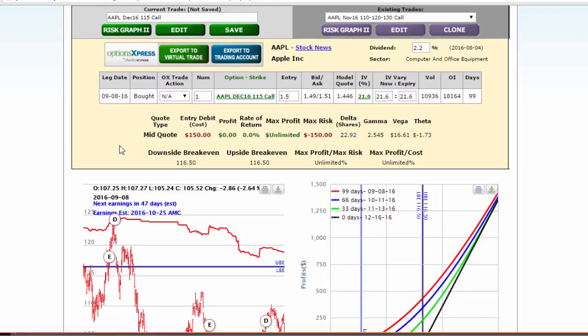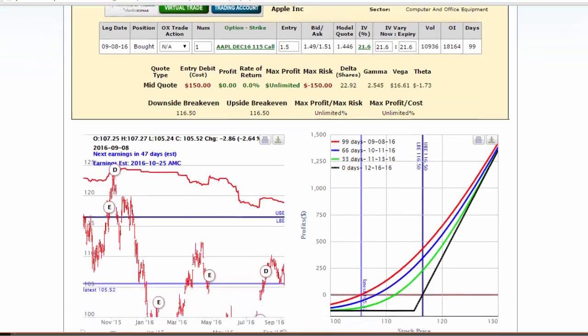So even though this particular option is cheaper because it's out of the money, this one's $150, where the one before was, I didn't even look at the price. I mean, the in the money was the most expensive at $1,400. But you need to increase the number of contracts to make sure you are comparing the same amount of investment. Okay, so just keep that in mind.